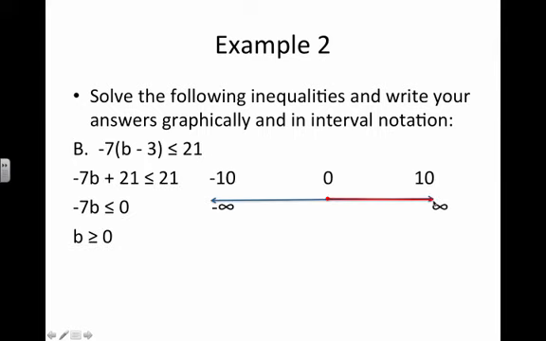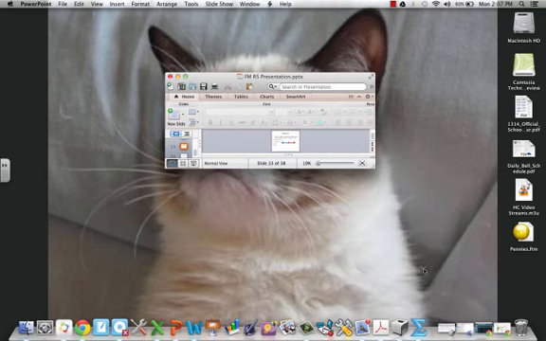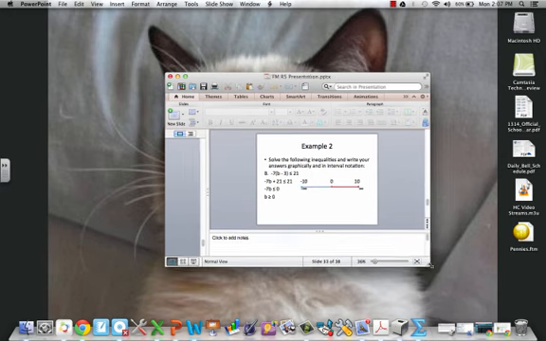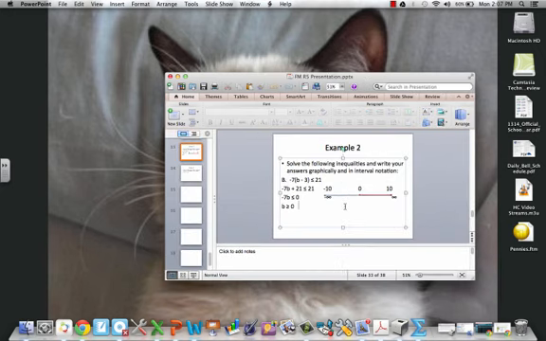And so, let's go ahead and we will do this together. Let's write the solution in interval notation here, just real quick. So let's see, we need a bracket at 0, and then comma, and we need infinity there.